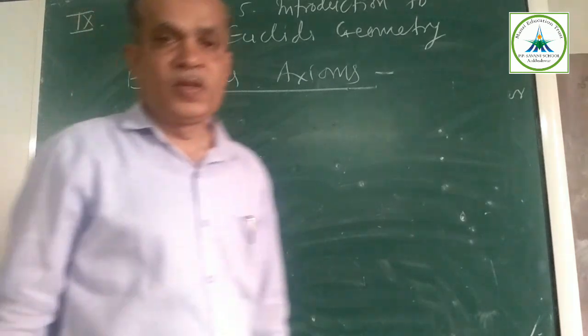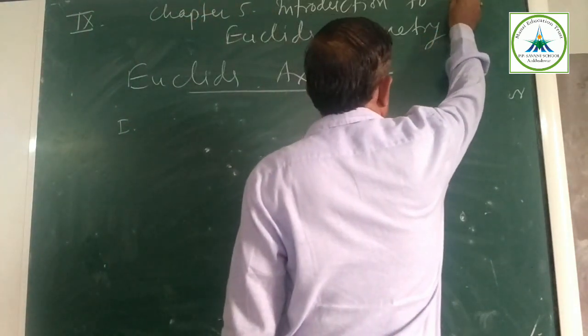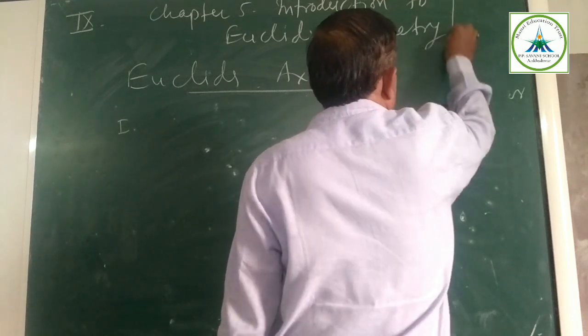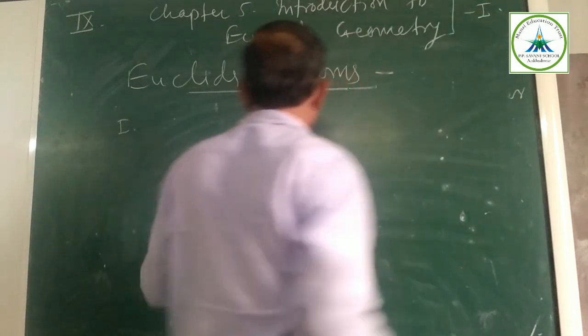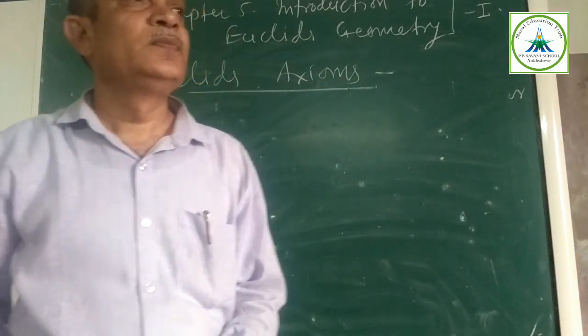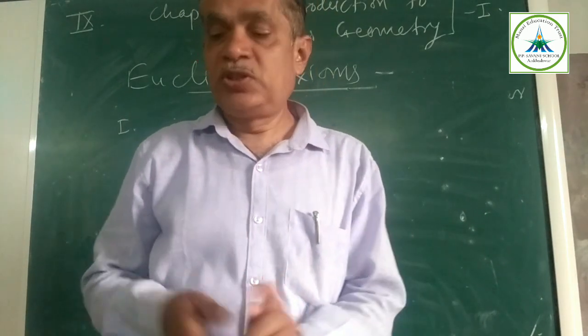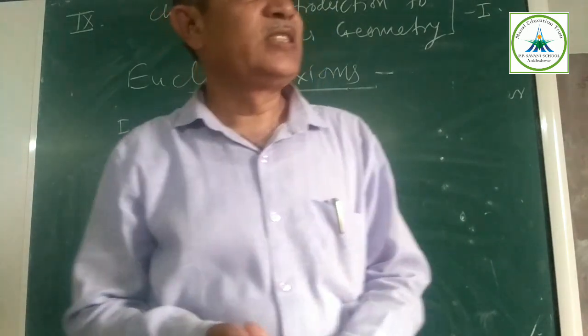First, Euclid's axioms. Now, axiom number 1. There are 7 axioms in Euclid's chapter 2, class 9 level.